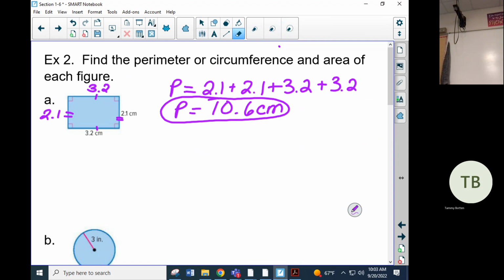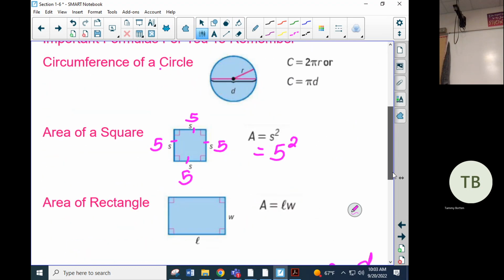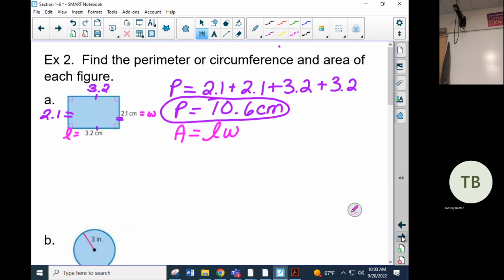Then for area of a rectangle is length times width. This could be my length, this could be my width, or base times height. How did they write it? Length times width. So that would be just 3.2 times 2.1.